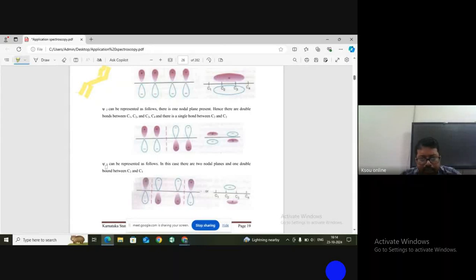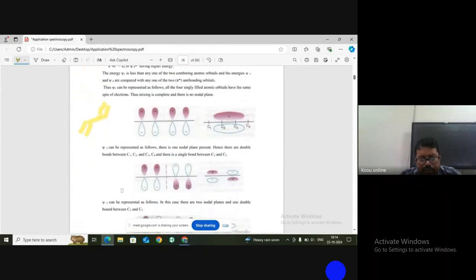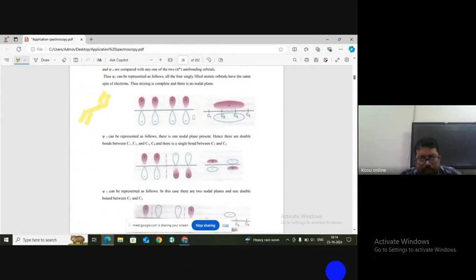If you rotate this molecule, the same thing repeats.